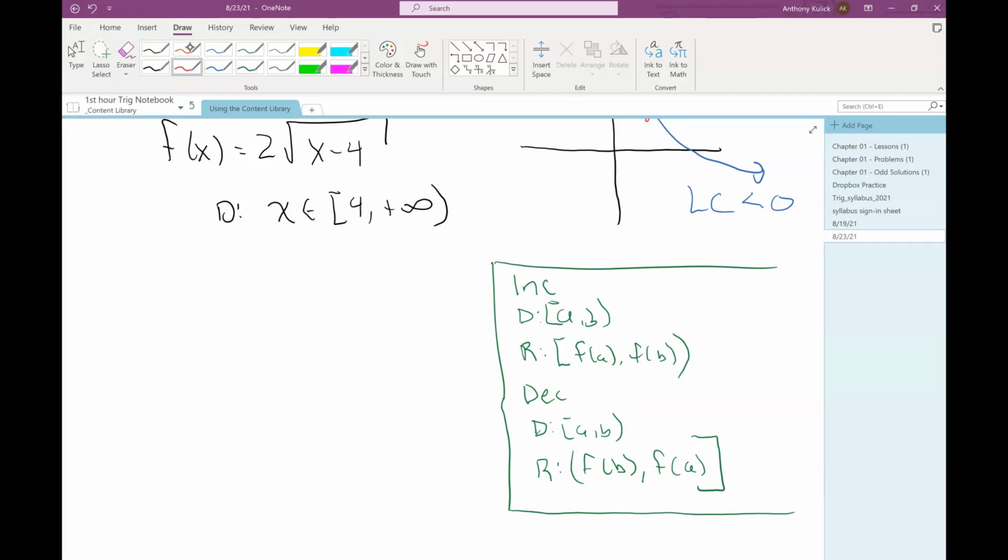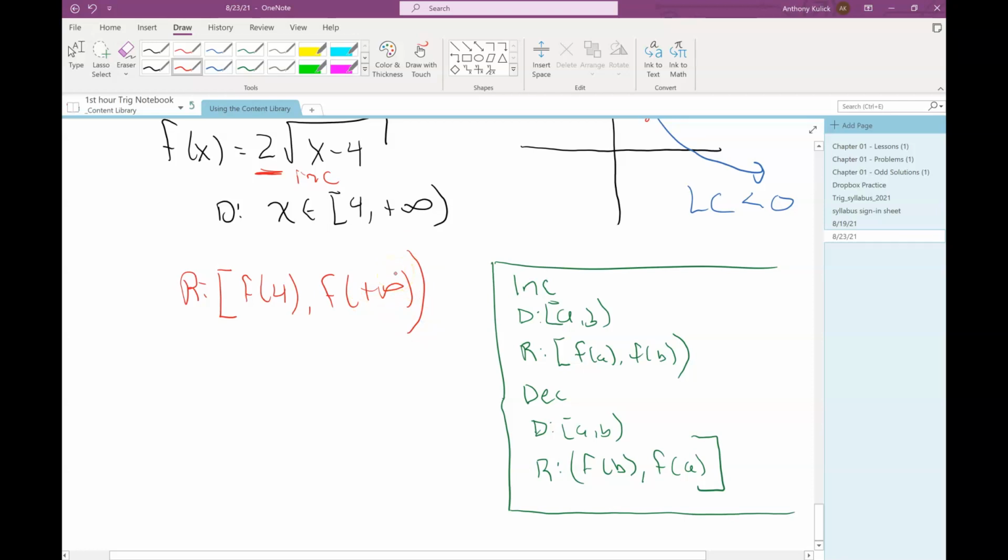So if we go back to our actual example now, I know that my range is going to be, this is increasing, since that leading coefficient is positive. So my range will just be f of 4, comma, f of positive infinity.